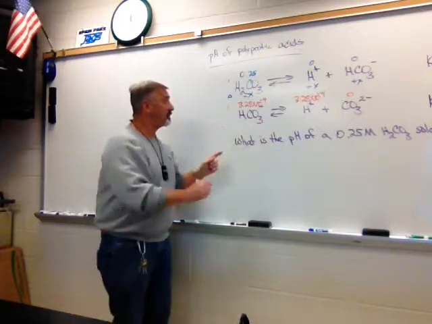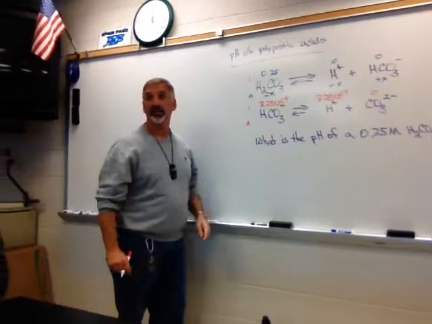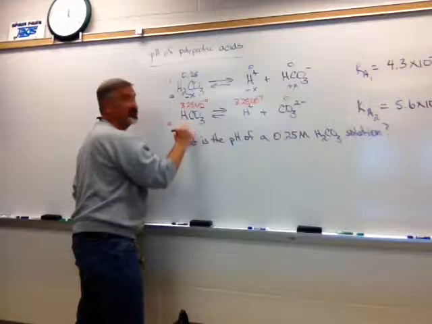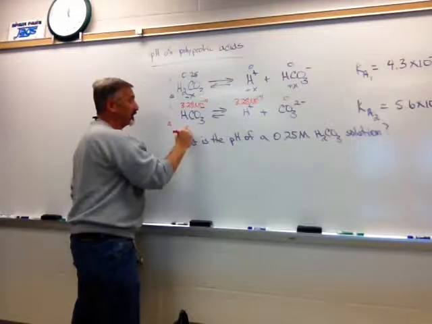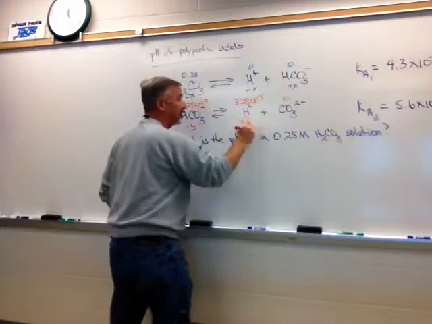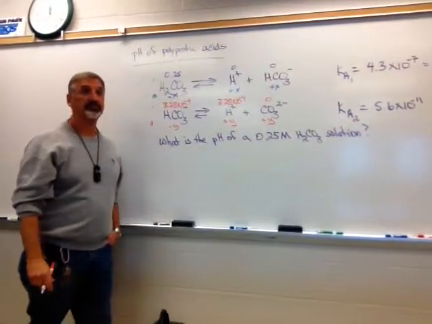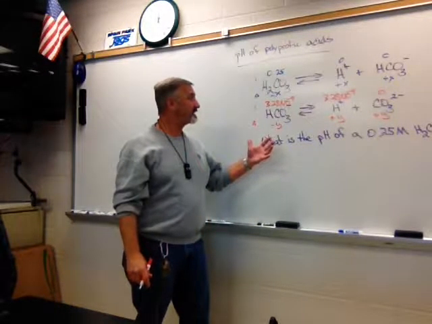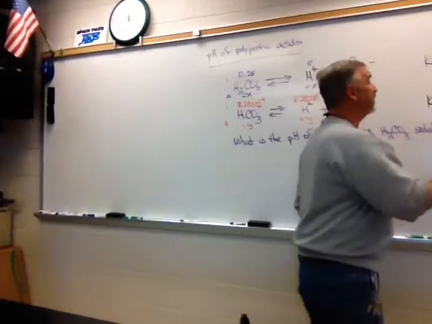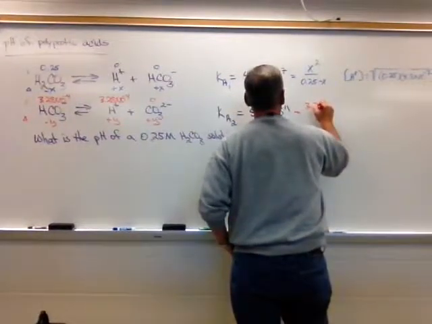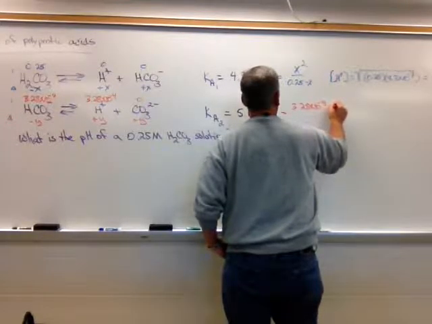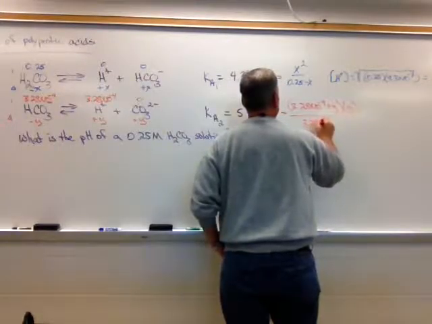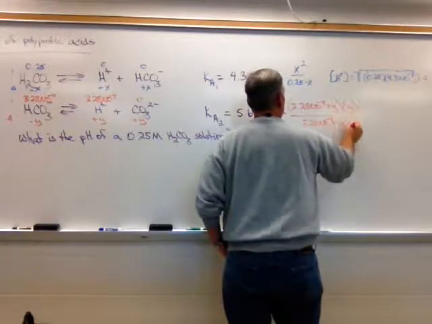Okay? So now my change is going to be minus x, because we're always going to go towards 0. So it's going to be minus, you said y? I said y. We can do y. Let's do y. Plus y and plus y. Okay? So, we're going to do our exact same reaction now, Ka2 is equal to 3.28 times 10 to the minus 4th plus y times y all over 3.28 times 10 to the minus 4th minus y.